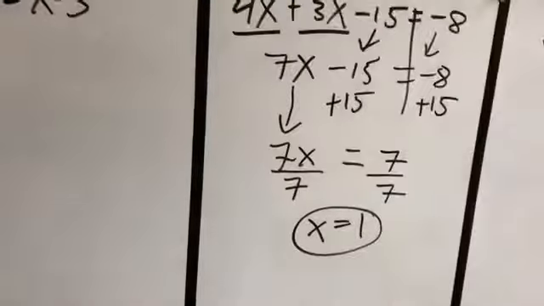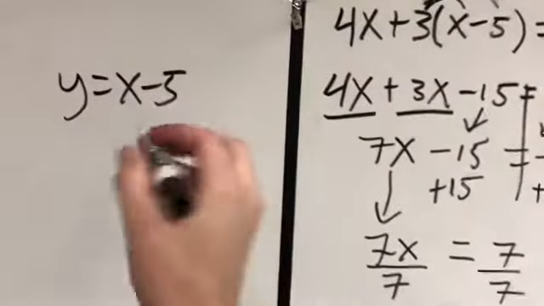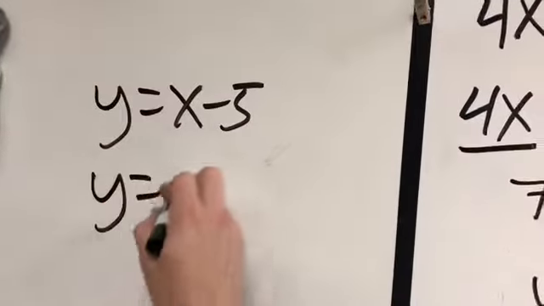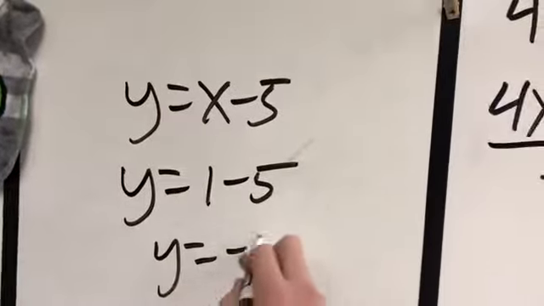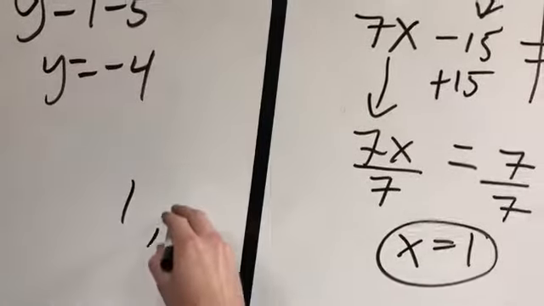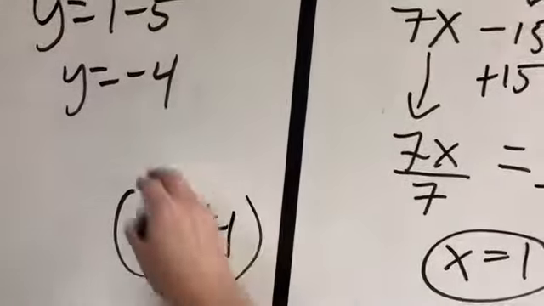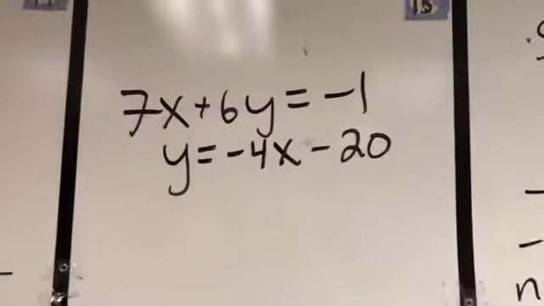And now I'm going to take my answer of x equals 1, and substitute it in where I see x up there. 1 minus 5 is -4. And so your final answer, guys, should be x, comma, y.